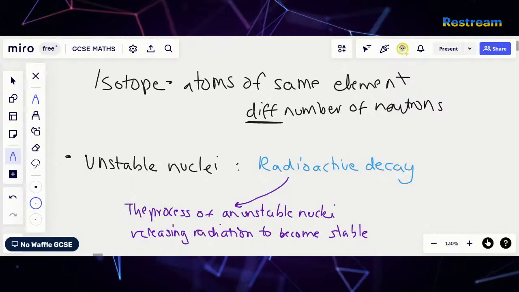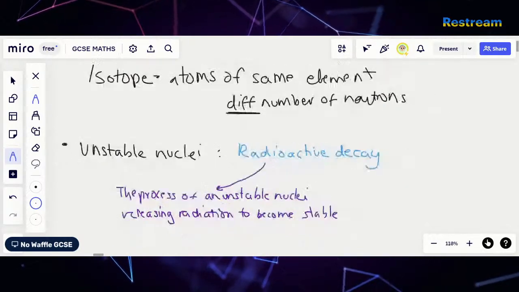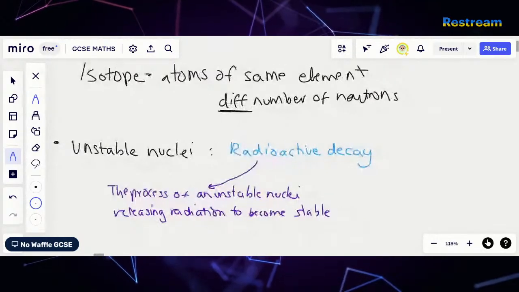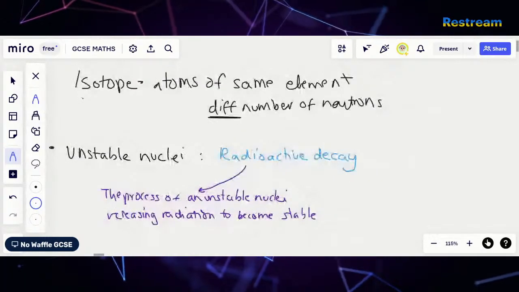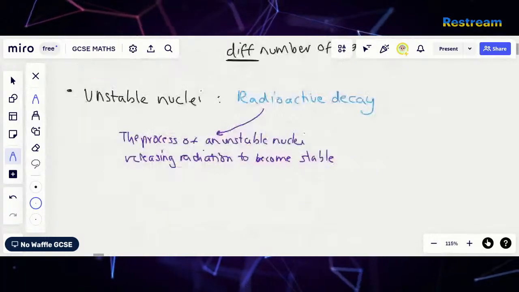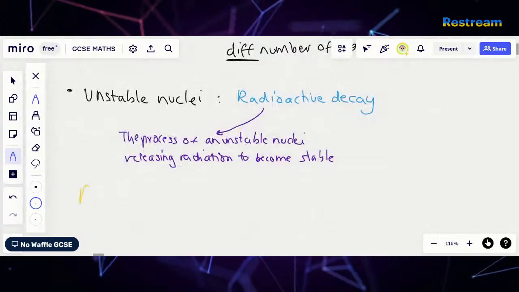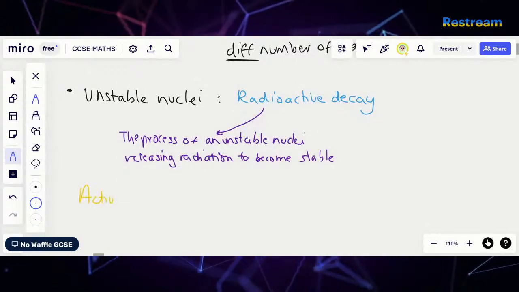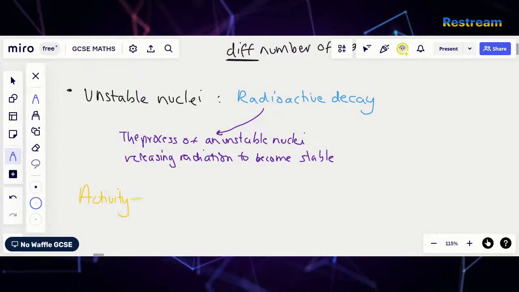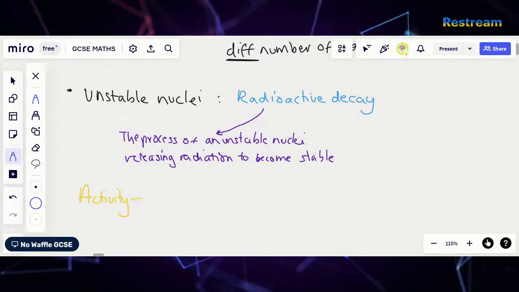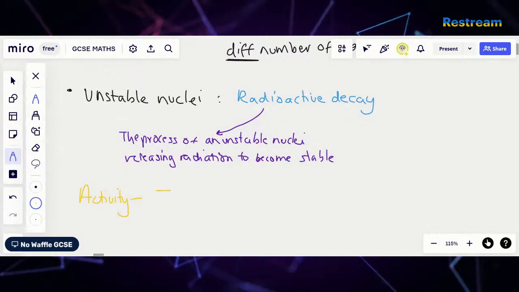Now, we have certain rates of radioactive decay that we need to know about. The first one is what we call the activity. Activity is the rate at which a source of unstable nuclei decays.